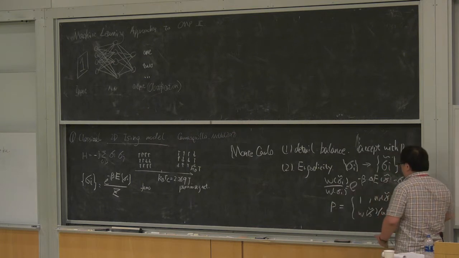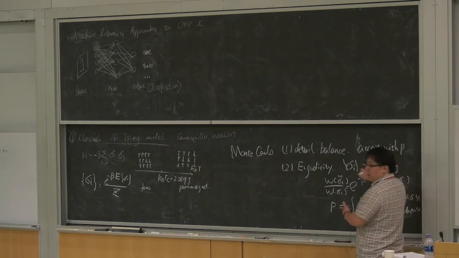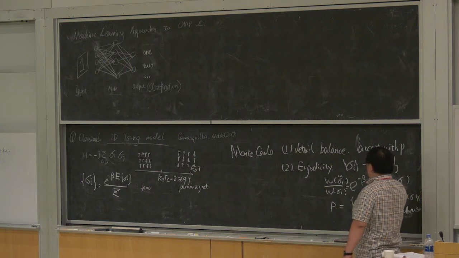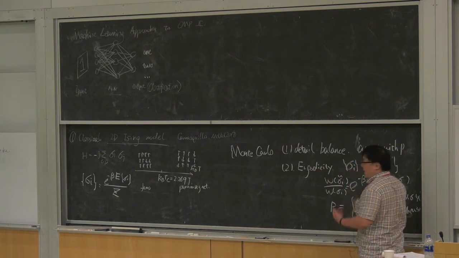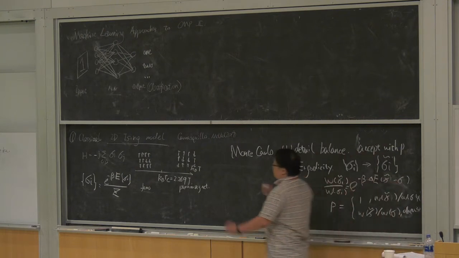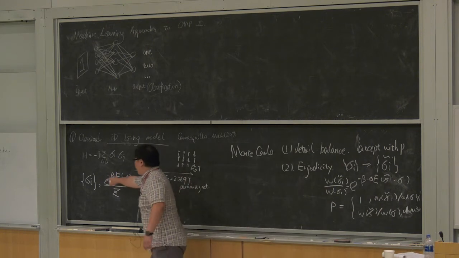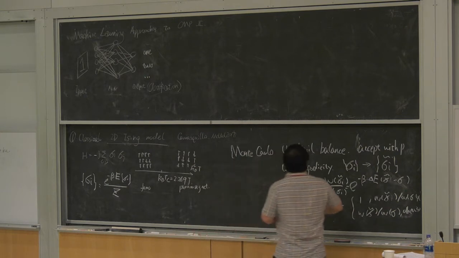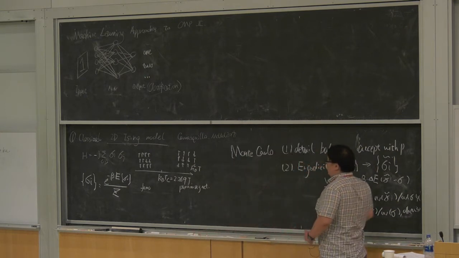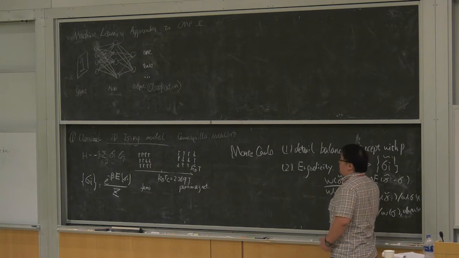Okay, so this is the detailed balance. Given two states with an energy difference delta E, the chance of going from one state to the other is this ratio, while the chance of going back is 1. This will ensure that at least the update between the two will obey this weight, this probability, and if you ensure that all updates obey this detailed balance, the overall weight will be automatically satisfied.